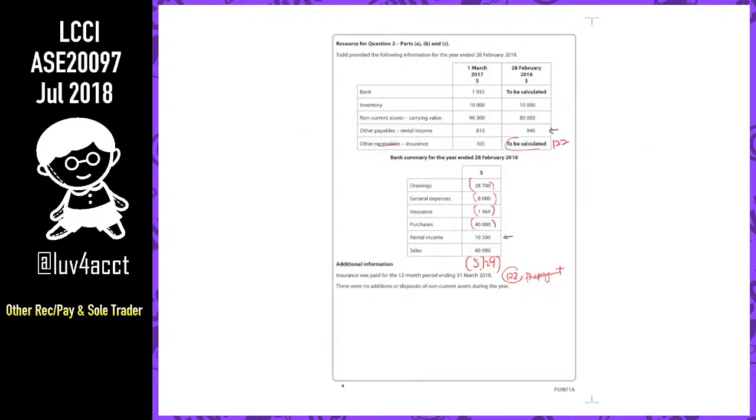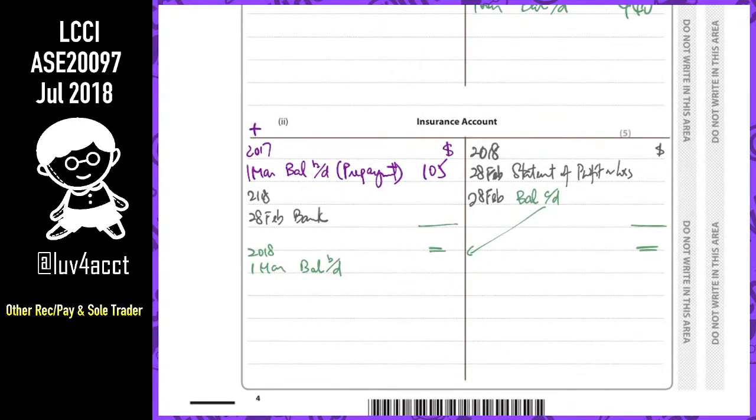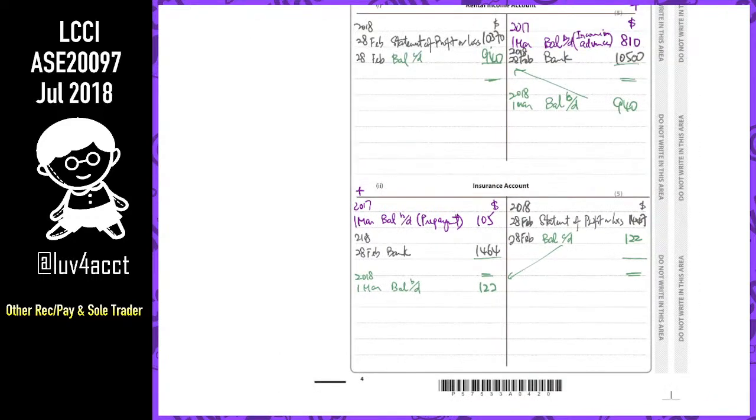Let us look at the figures. Payment 1464, and then the prepayment closing balance 122. Then 1464, and the transfer is 1447. Finished. 10 marks.